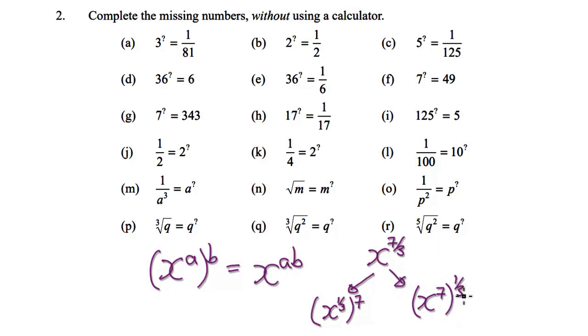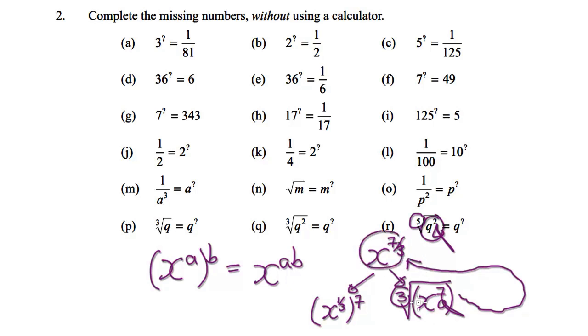Now this thing means it's a cube root. If you look at this, this is something to the power of 2, this is to the power of 7, and then this is the fifth root. Well, this is a cube root. If you get given this, then you can work backwards to get back to here.